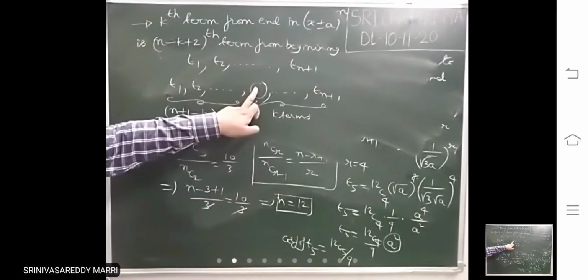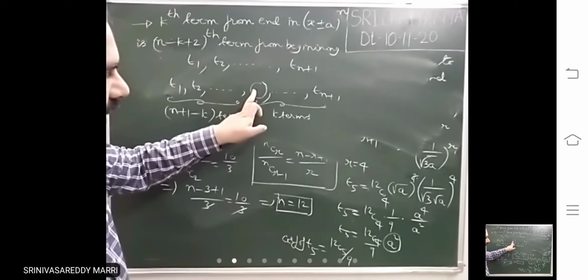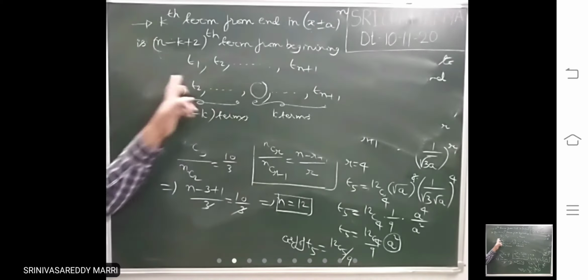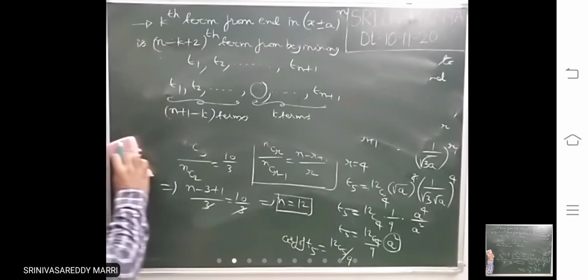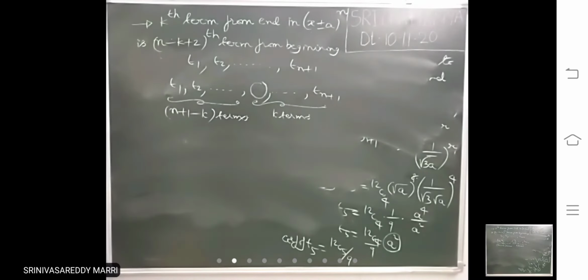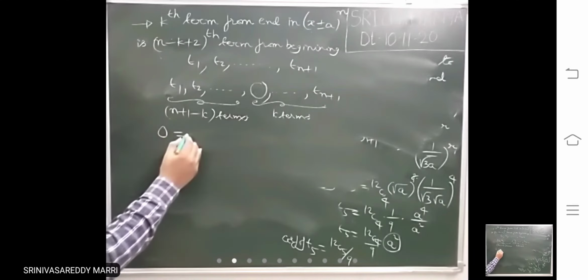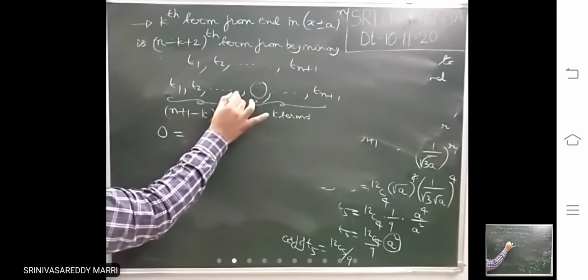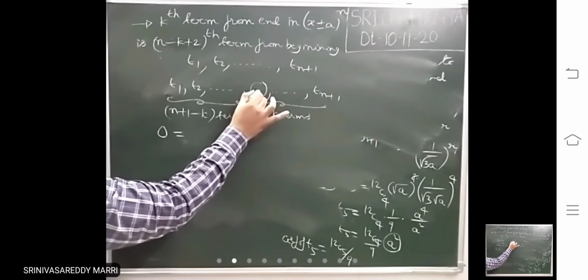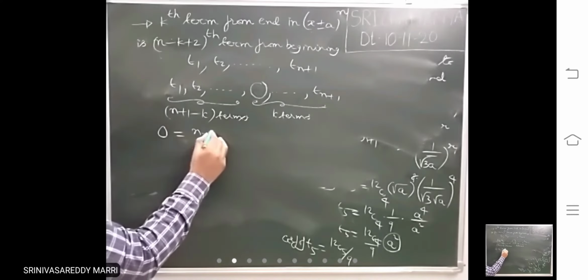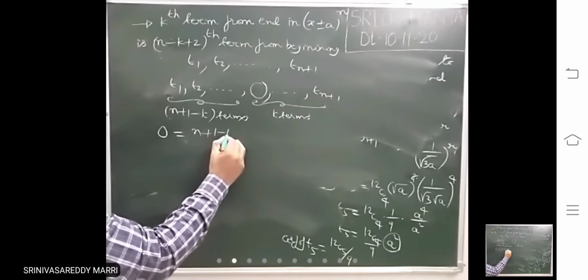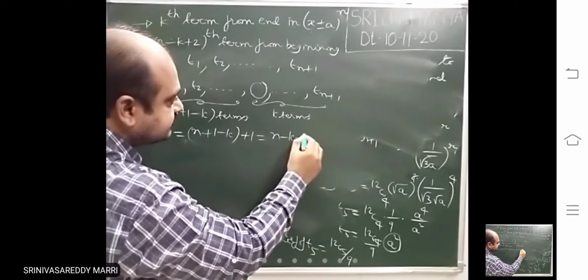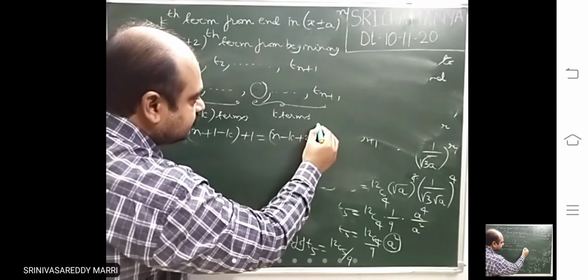Therefore the circle is that plus 1 term, n plus 1 minus k plus 1, that means n minus k plus 2th term.